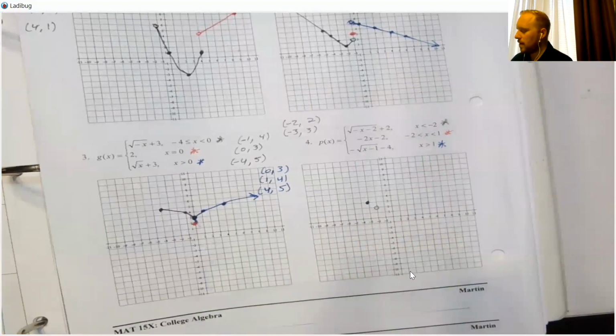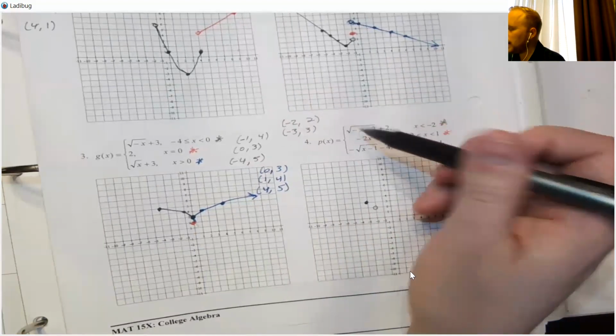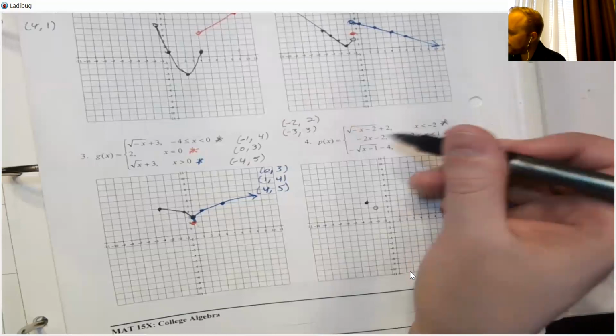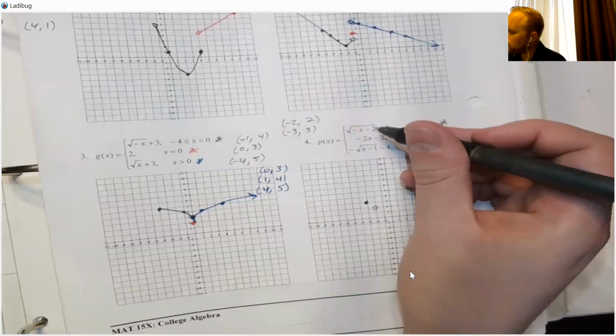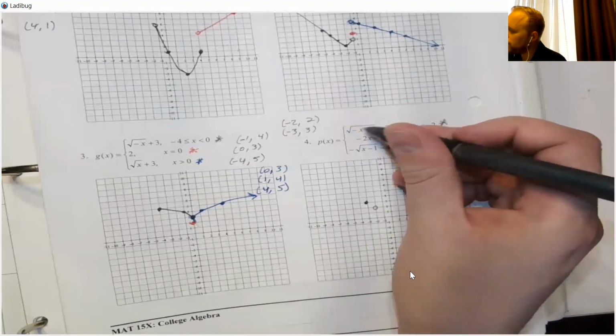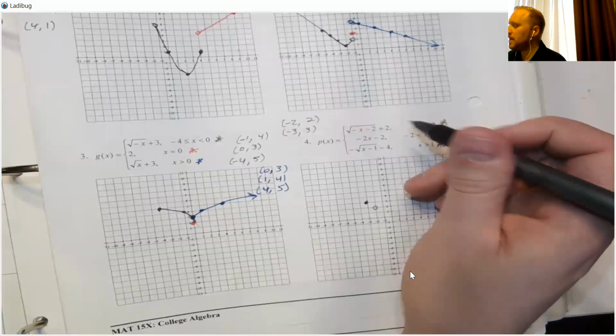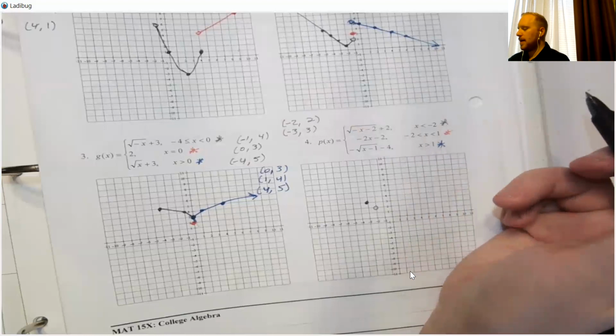We've already done that one. We want it so that it would give us a perfect square.